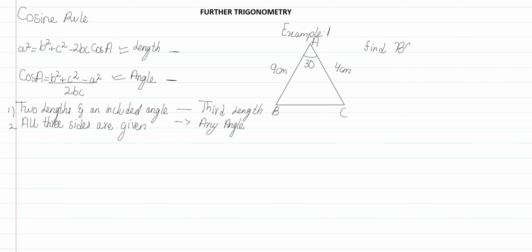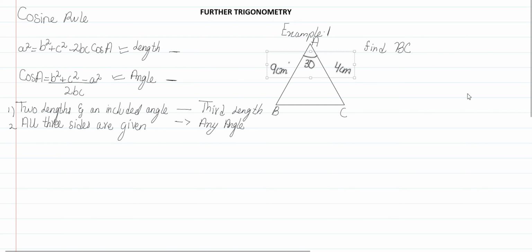Look, this example fulfills condition number 1: two sides, 9 and 4, are given to you, and also the included angle, which is present between the two known sides.